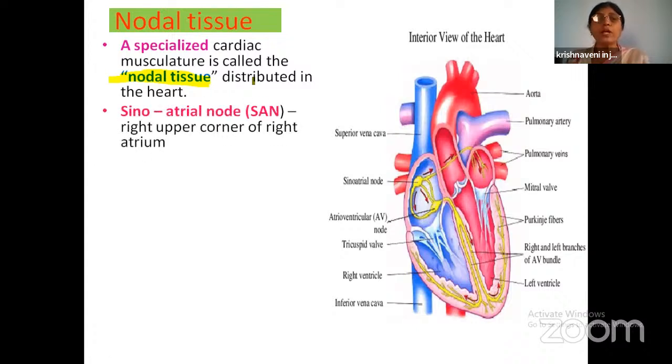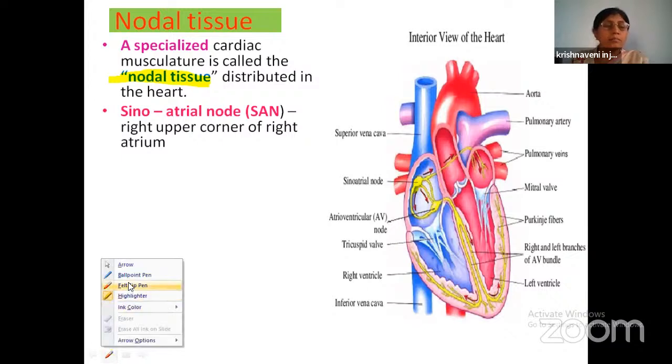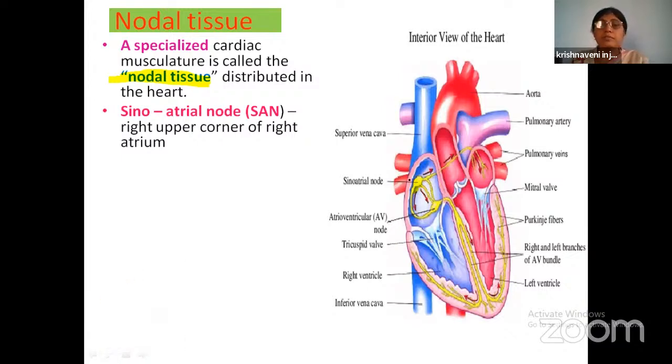What are those nodal tissues? In the diagram, you can see here in yellow color. Here I want to take the red color. Now you can see, it is the sinoatrial node, SAN.